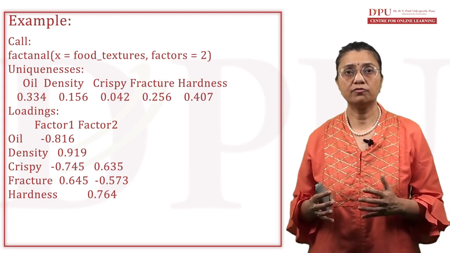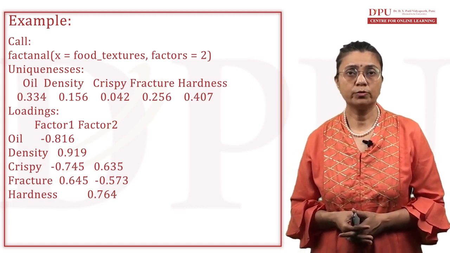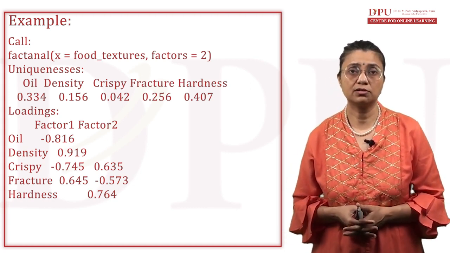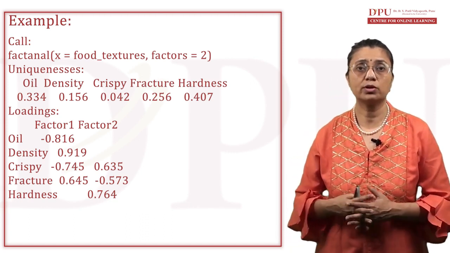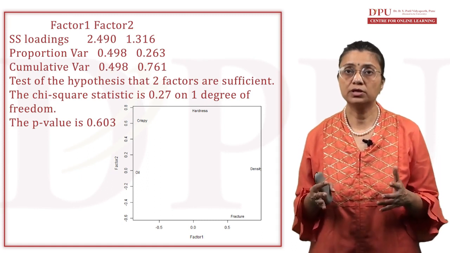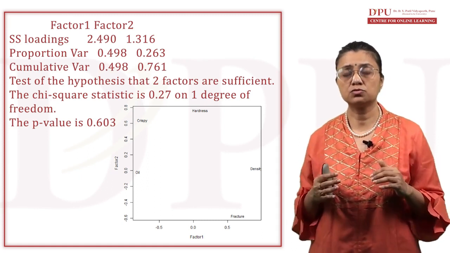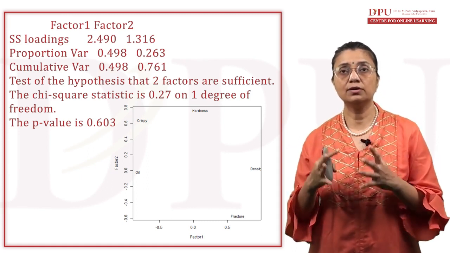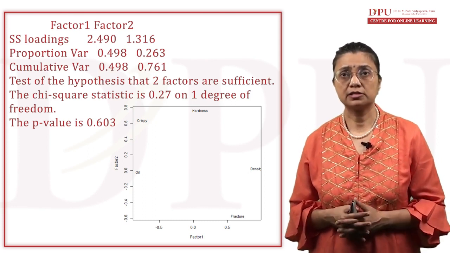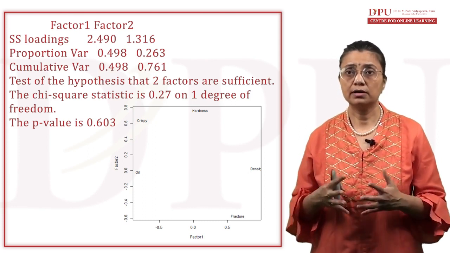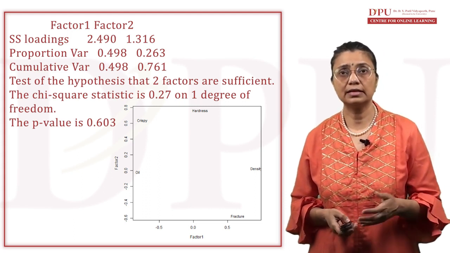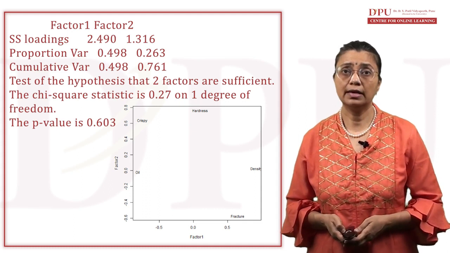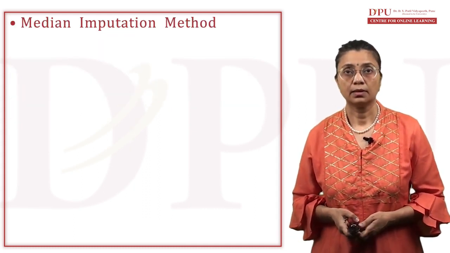Loadings of factor 1 and factor 2, you can see the output over there, and for factor 1, factor 2, you will see the SS loadings, proportion variance, and up till the chi-square value and the p-value. And you can see on the graph factor 1 and factor 2, where the values are located, where is crispy, where is hardness, where is fracture, and so on. So that is how we can do factor analysis very easily with the help of the factanal function.